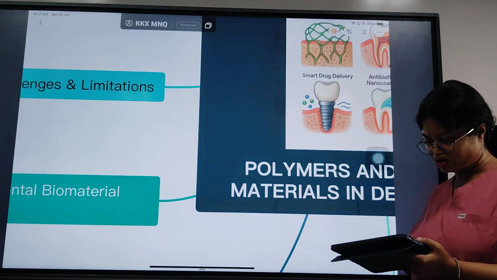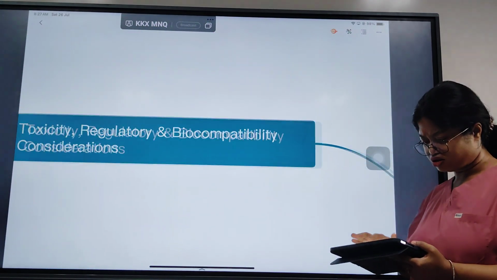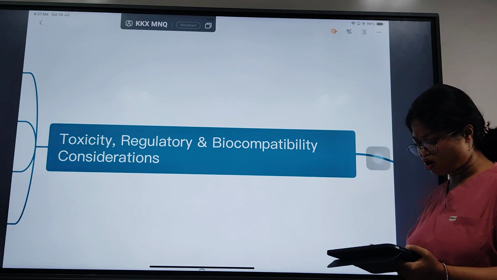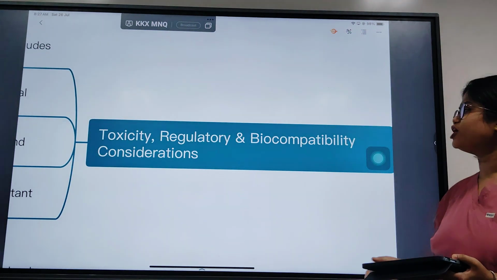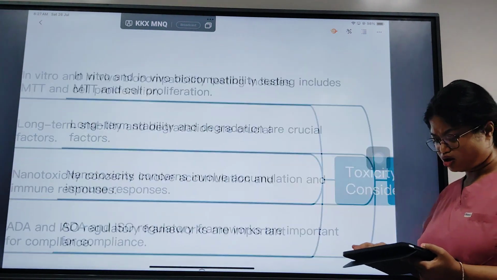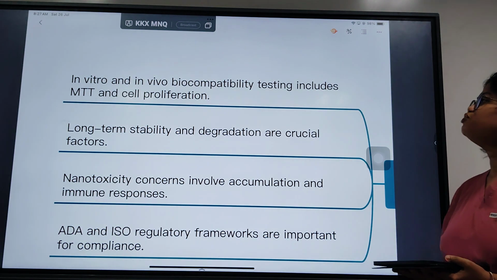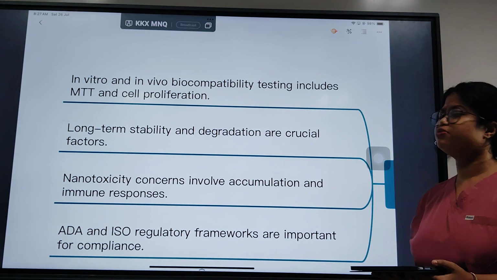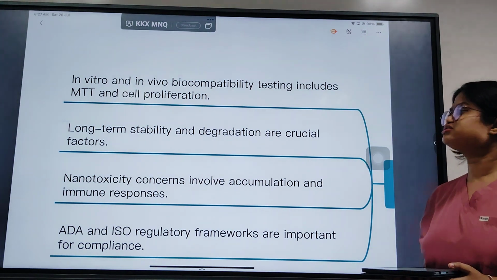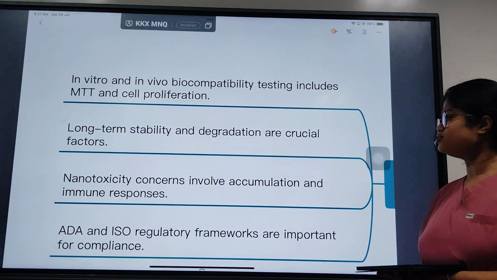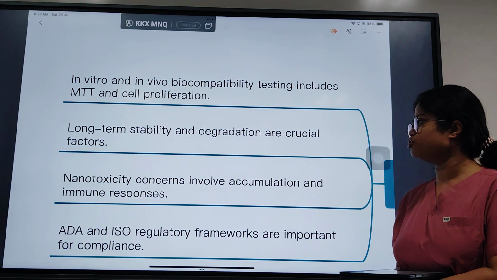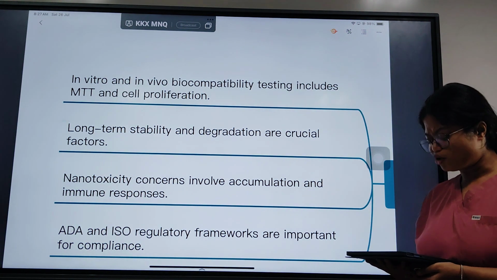Coming to the toxicity, regulatory and biocompatibility considerations when we try to develop a nanomaterial: we do in vitro and in vivo biocompatibility testing, which includes MTT and cell proliferation assays. Long-term stability and degradation are crucial factors.